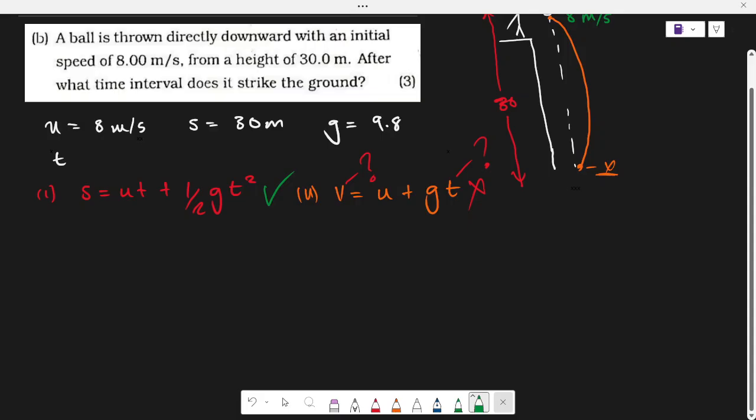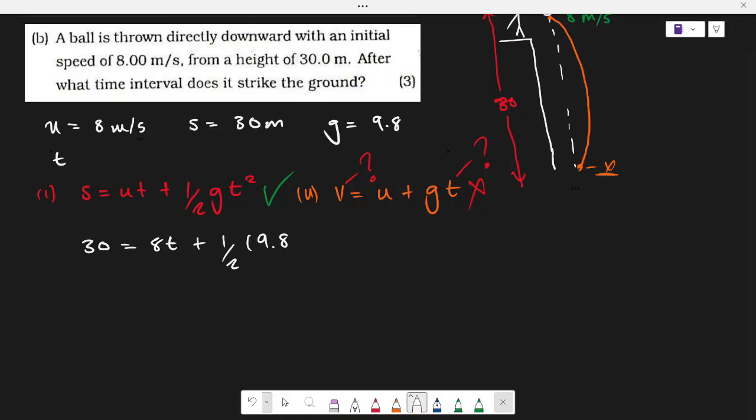To fill in the information that we've been given into the first equation, S is equal to 30, and this is equal to U, which is 8, T plus 1 over 2, G is 9.8, T squared. We can do a little bit of manipulation to this equation by moving this to this side so that we have 0 on the other end.